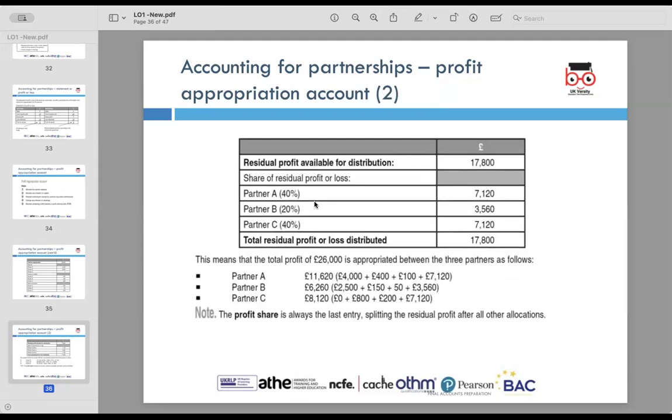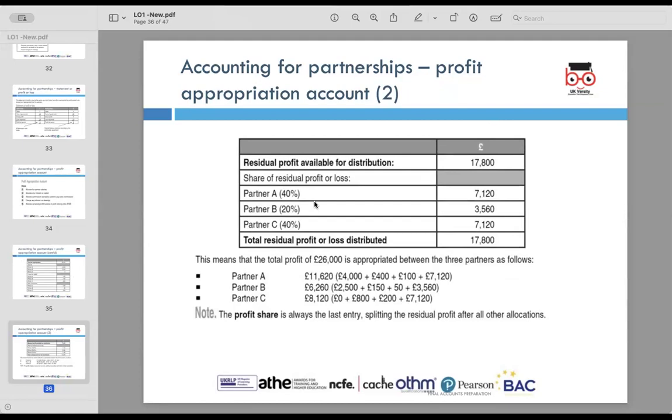Next is residual profit available for distribution. Again, partners receive a portion of the residual profit according to their profit sharing ratio stipulated in the partnership agreement. Partner A gets 40%, 7,120. B gets 20%, which is 7,800.